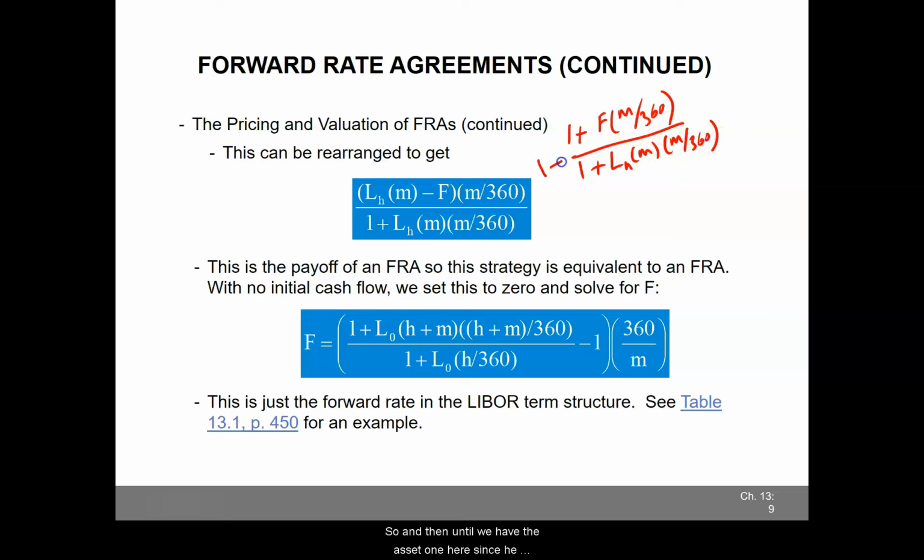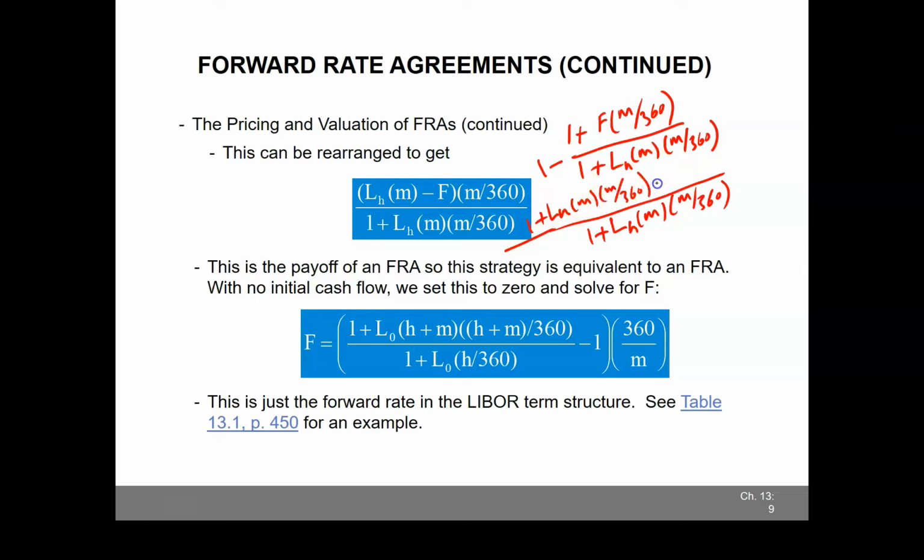So and then we have the asset 1 here. So you can see we can readily do this like (1 plus L_H M/360). We take this as common, and then we can have (1 plus L_H M/360) minus (1 plus F M/360).